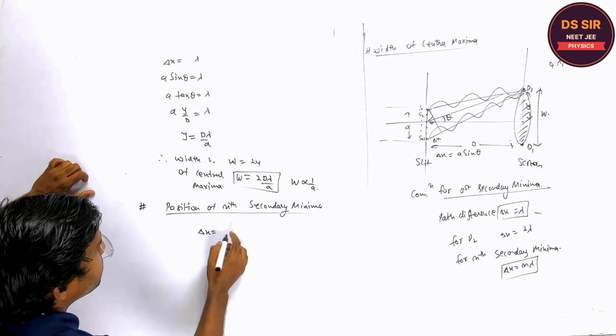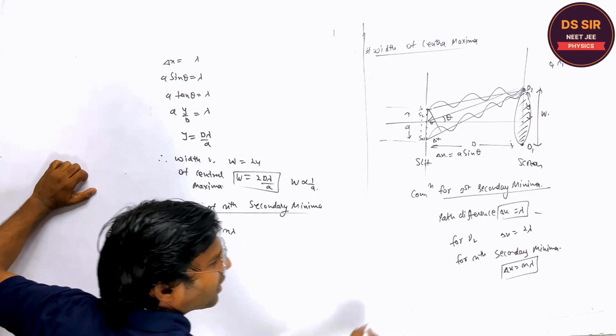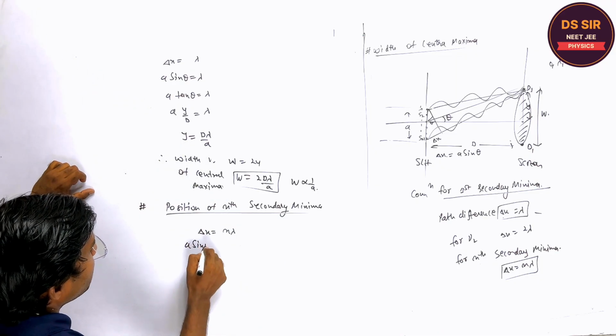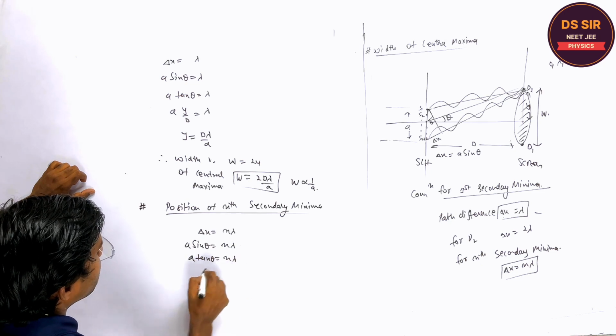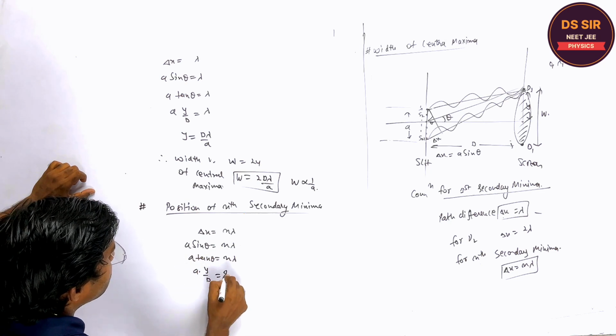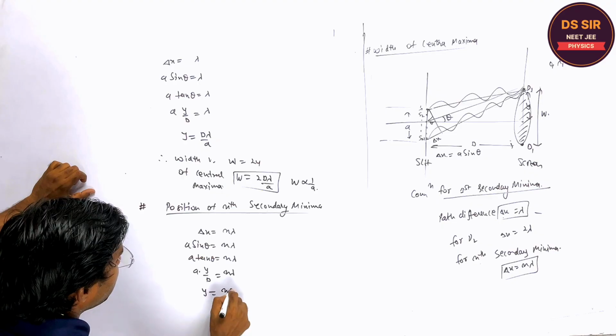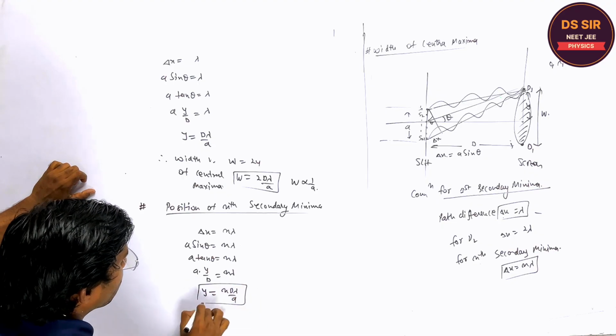This path difference must be equal to n lambda, right? And this is a sin theta is equal to n lambda, a tan theta is equal to n lambda, y upon D is equal to n lambda, y is equal to n D lambda over a. Is it clear or not?